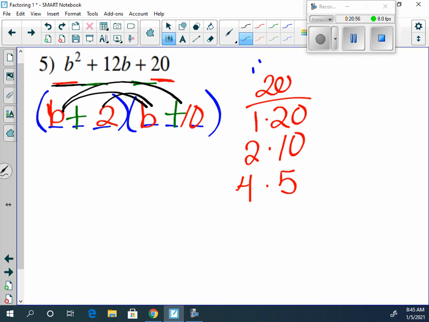So how did I find those first two terms? Well, they are the factors of what? B squared. So they should give me b squared, yes? Now 2 times 10 is 20. Well, how did I get 2 and 10? Well, they're the factors of 20. So those two terms should multiply together to give me 20, yes?